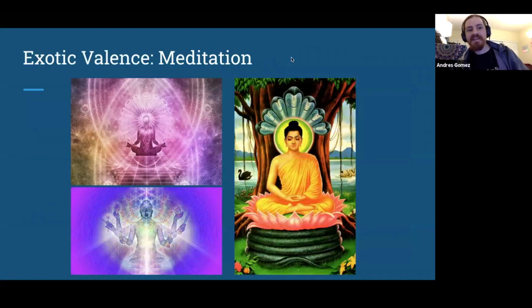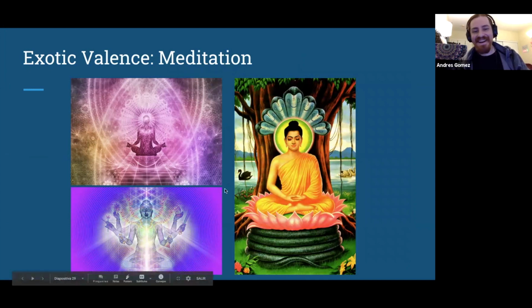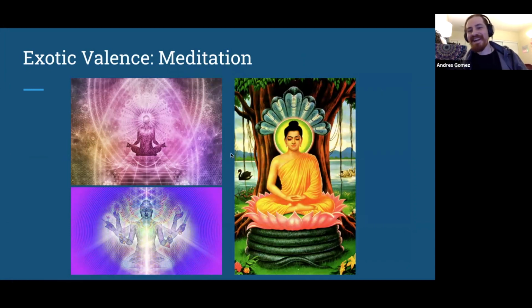Then you have meditation. Maybe I don't know if this is cheating, but representations of meditation, high attainments and so on, usually come with these beautiful symmetries.